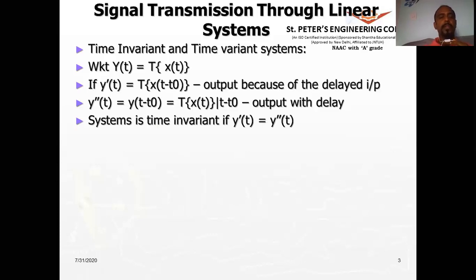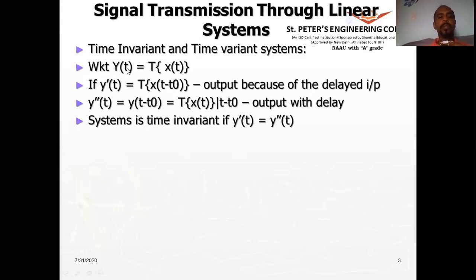Okay, now let us look into that point again. So we say that the system is time invariant if y dash of t, the output because of the delayed input, is equal to y double dash of t, the output with delay. How did you obtain the output with delay? You go to the y of t equation.